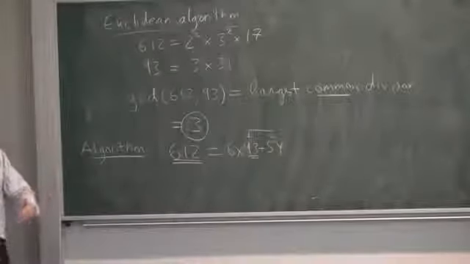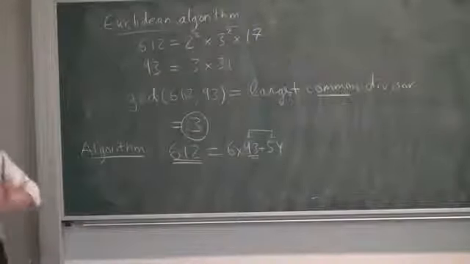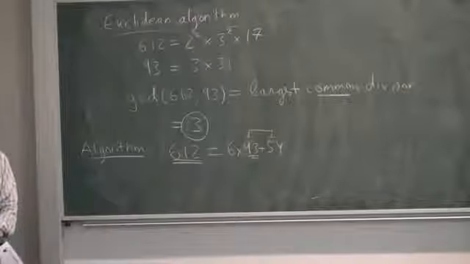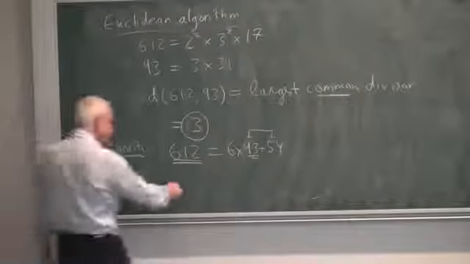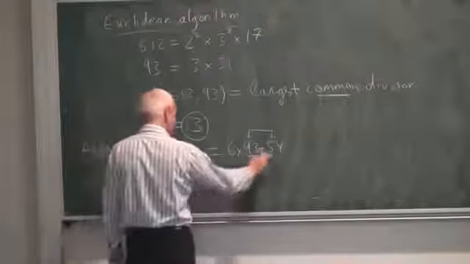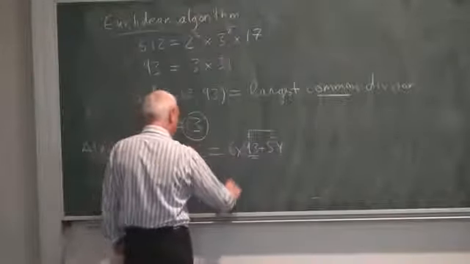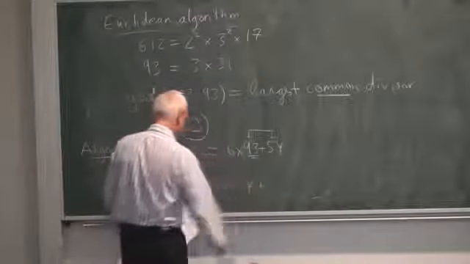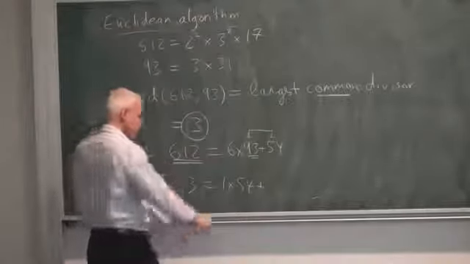That's the same problem, but with smaller numbers. So we're just going to iterate. What was it that we were doing? We were taking our number and dividing it by the other one. So 93 divided by 54 is 1 times 54 plus 39.